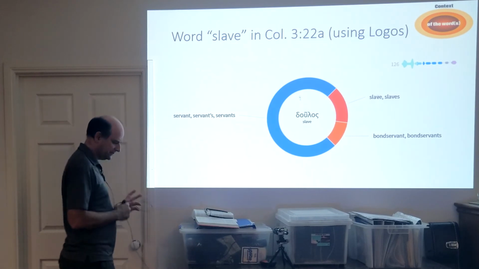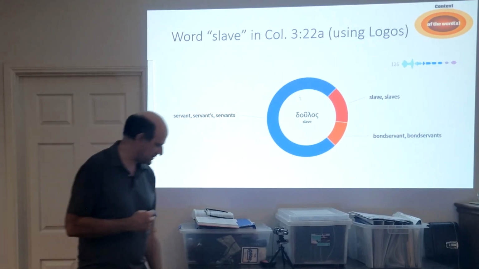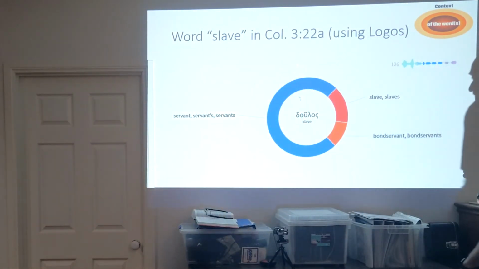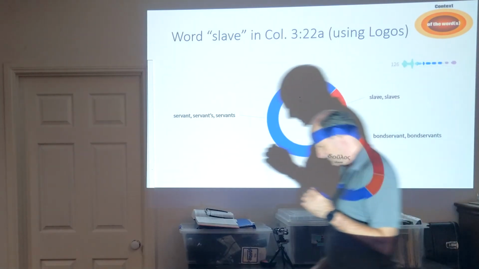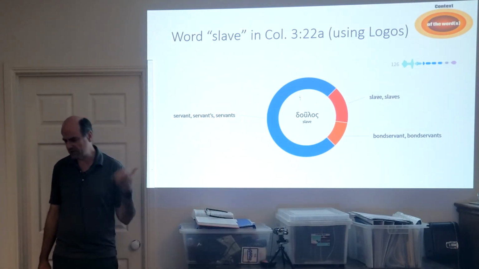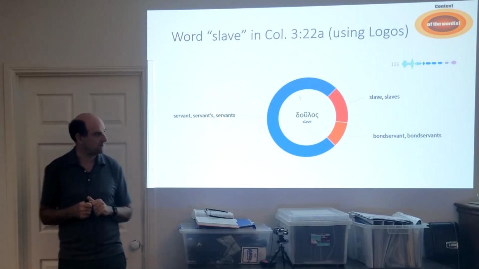And that just depends on context? So if you wanted to see where it depends on the context, if you clicked on this in the software, it would give you a list of all of the places where it's translated that way, and you can see what the context is. But for this word, it's fairly simple because its range of meanings is fairly small.